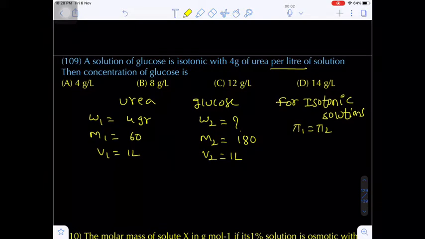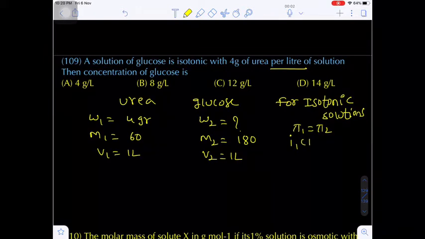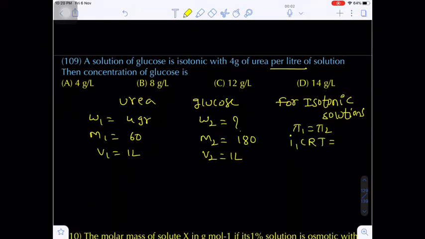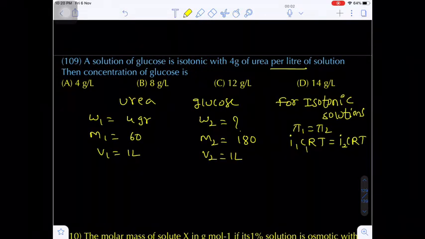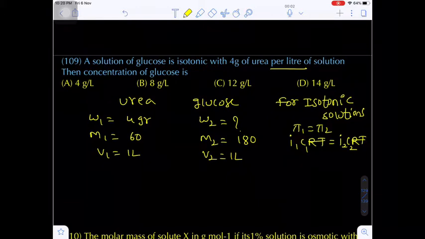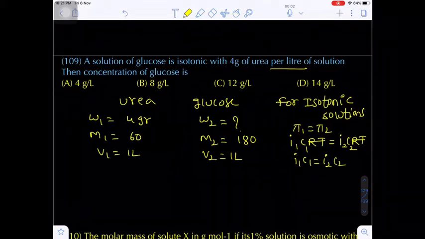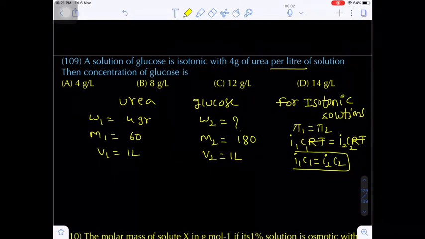Temperature. i into C into R into T should be equal to i into C into R into T. That means here concentration C1, here concentration C2. So RT gets cancelled. So i1 into C1 will be equal to i2 into C2. So this is the condition for isotonic solutions.